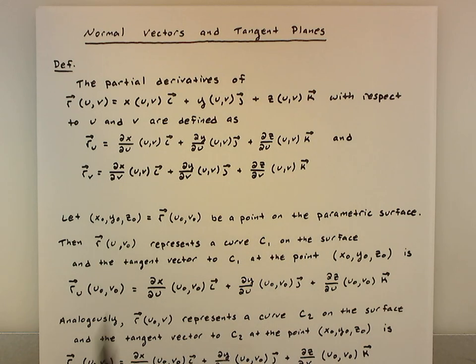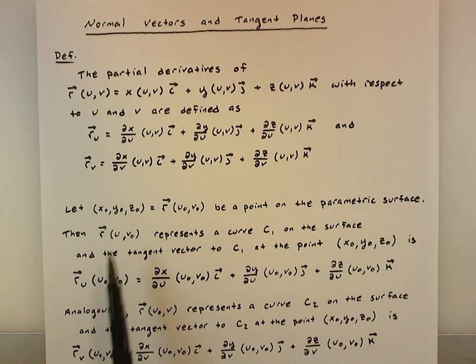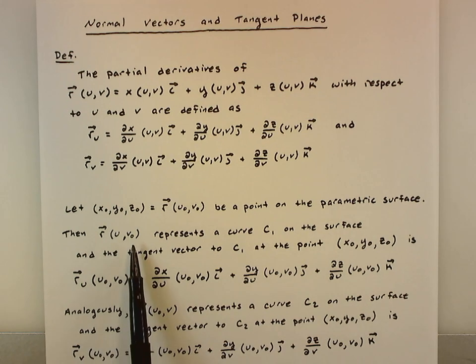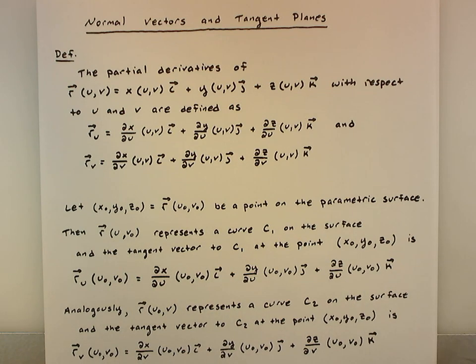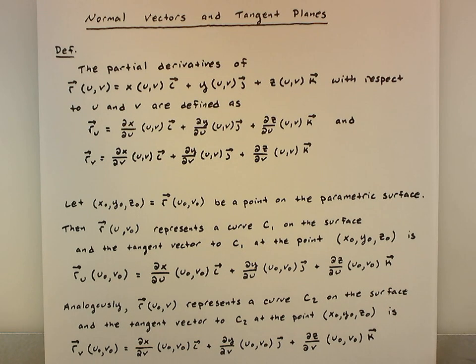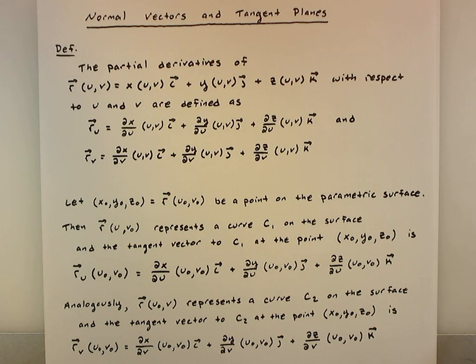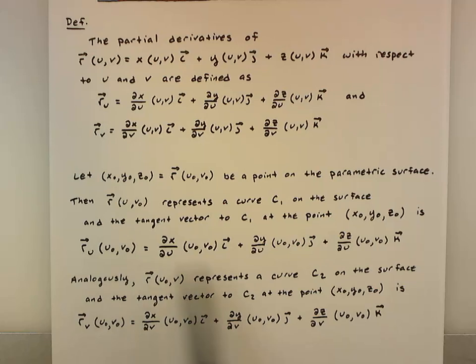So let x naught, y naught, z naught equal r of u naught, v naught be a point on the parametric surface. Then r of u, v naught represents a curve c1 on the surface, and the tangent vector to c1 at the point x naught, y naught, z naught is defined as follows.